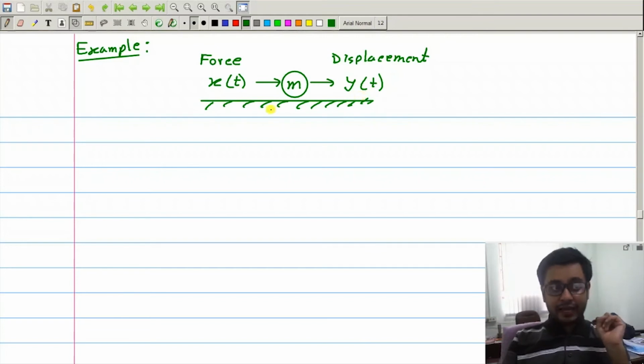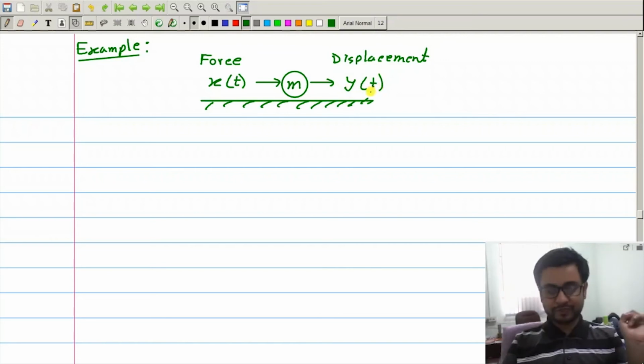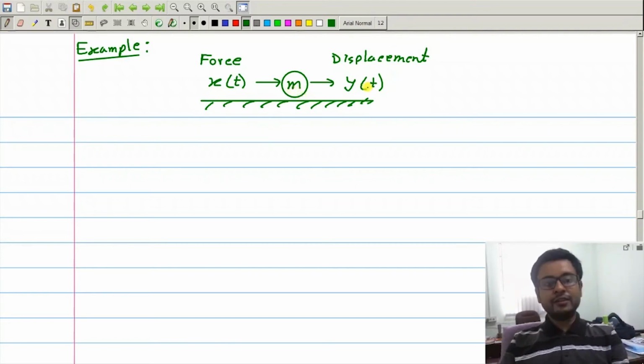And if you give a force and simultaneously the initial velocity and initial positions are non-zero, then the output that you will get will be the sum of the previous two outputs. And if you give no force and also the initial conditions are zero, then the output will be zero.